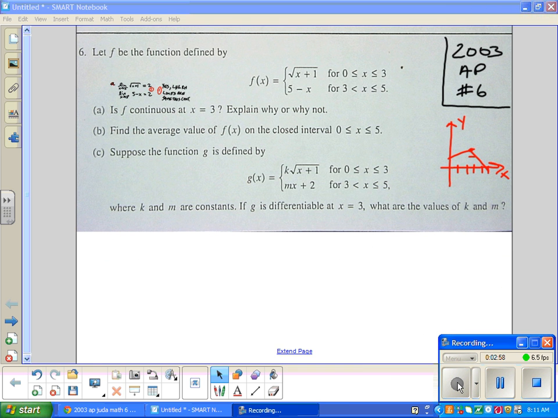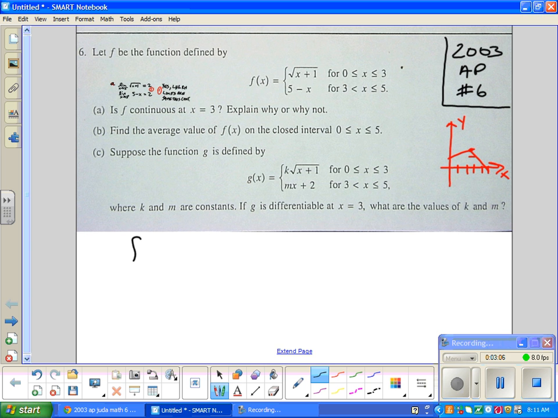All right, letter B. Find the average value of f of x on the closed interval of 0 to 5. Now we should remember the f average formula, which I hate, you know, it's this, right?